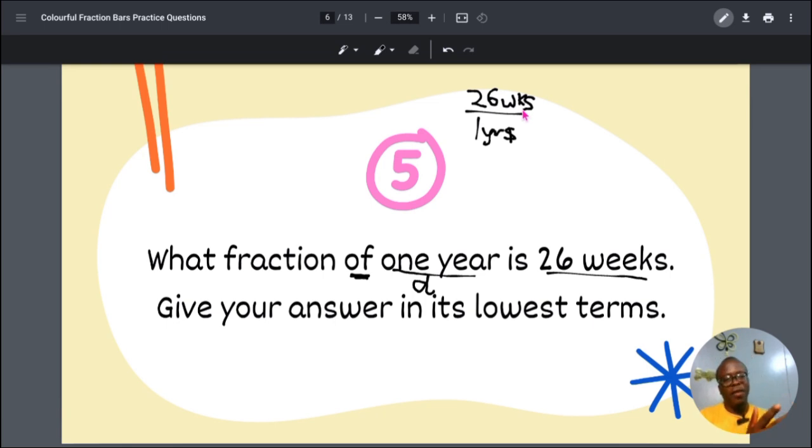So both of them cannot be worked together. That means there must be a conversion. You have to convert the bigger one to the smaller one so that both of them are in the same unit. Then you are able to work on them together.